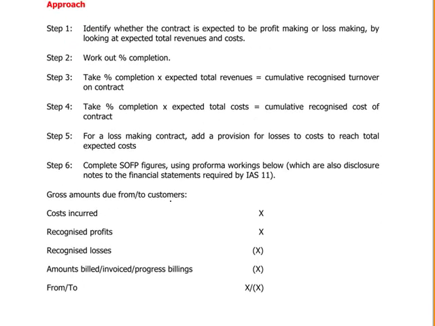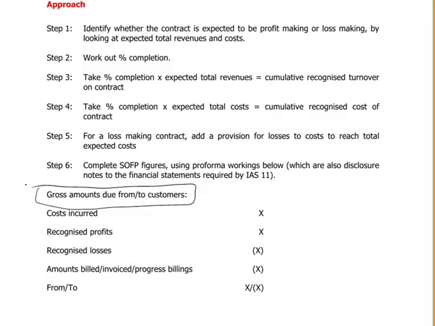And one final point I would like to say here is everything we touched upon in terms of highlights were pretty much related to your statement of comprehensive income. What I would like to touch upon is what happens in our statement of financial position. What do we have there? So what you will have to calculate as a special working, and totally recommended to use this particular working, is the gross amounts due from or due to customers.